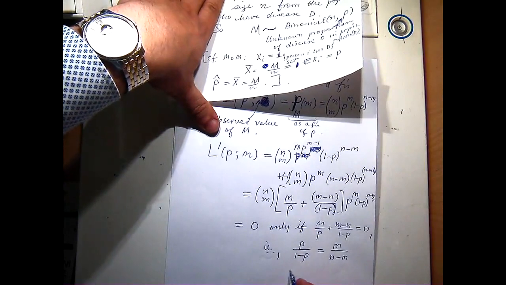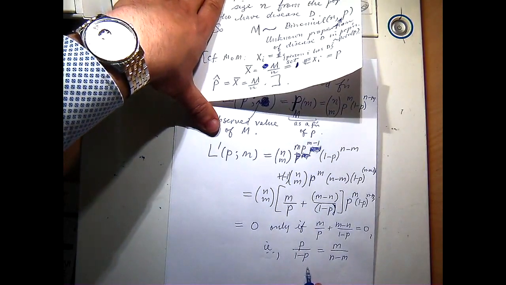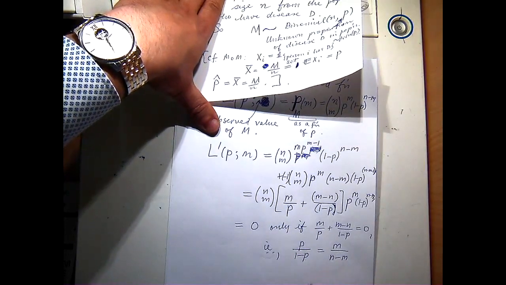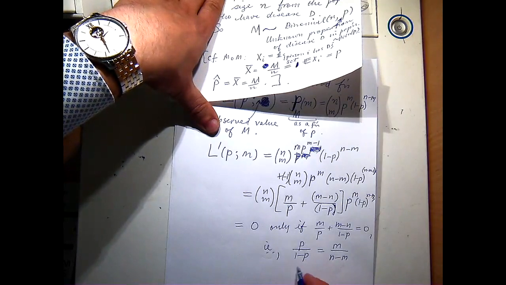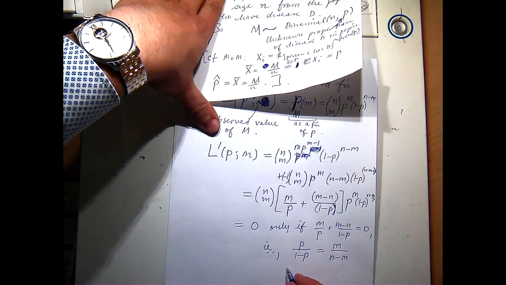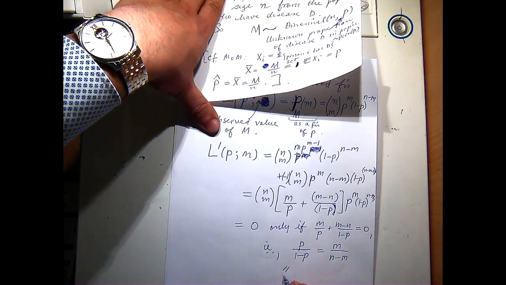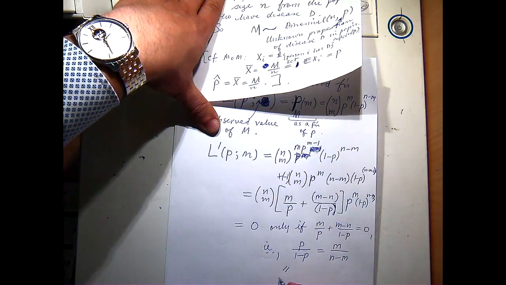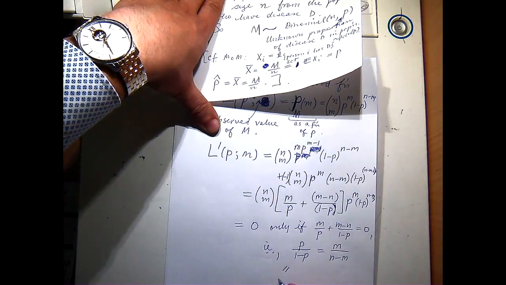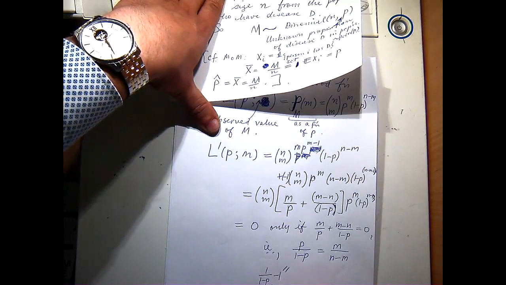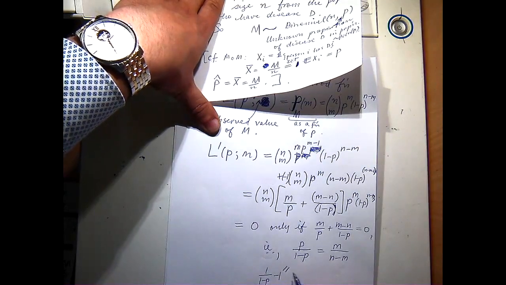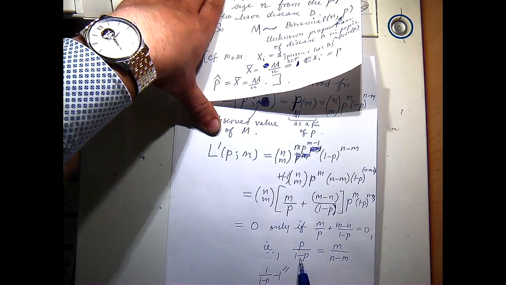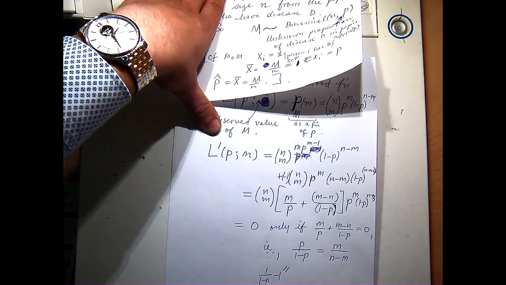If you solve that, it still looks a little bit hard to solve for p, but of course you can do it with linear algebra. A clever way to do it is to notice that p over 1 minus p is actually equal to 1 over 1 minus p minus 1. If you don't like this method of doing it, then you can cross multiply and do it that way.